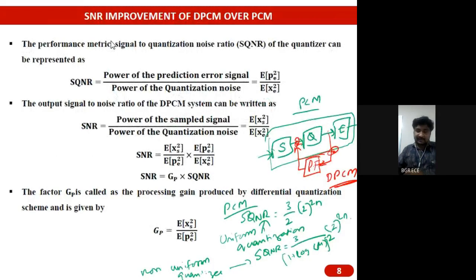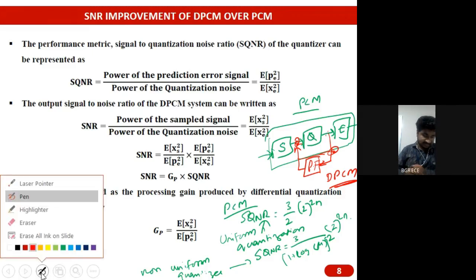So there will be a slight gain change at the output of the quantizer, and that will improve the signal to quantization noise ratio of the entire system, which we will see briefly in this topic.